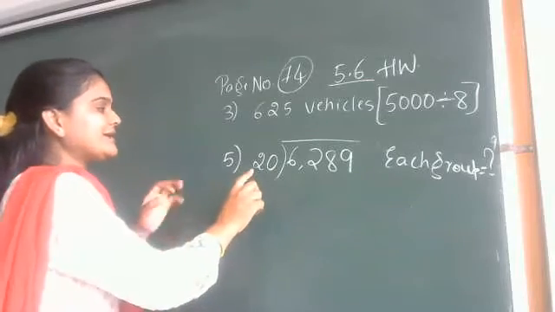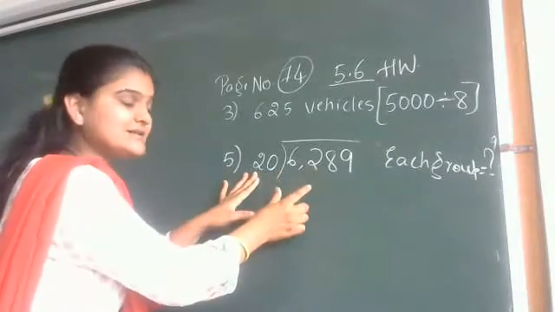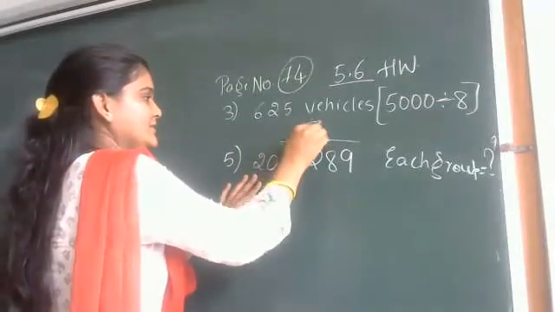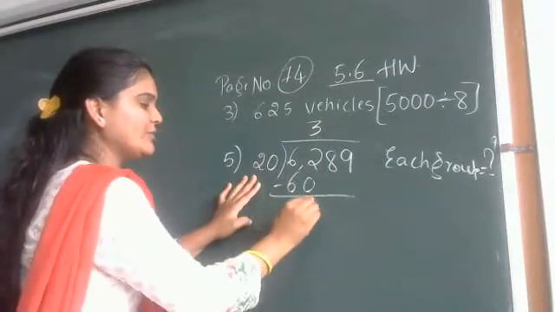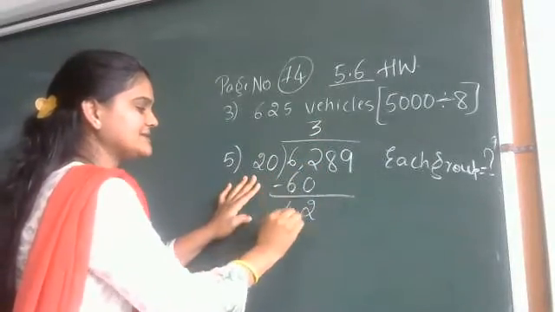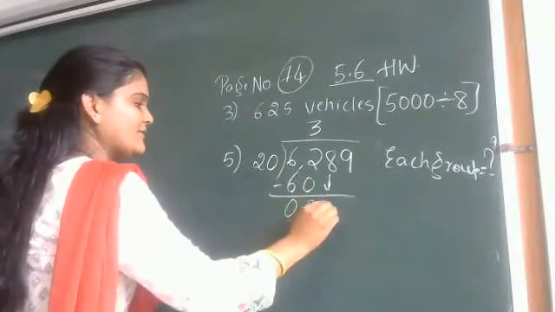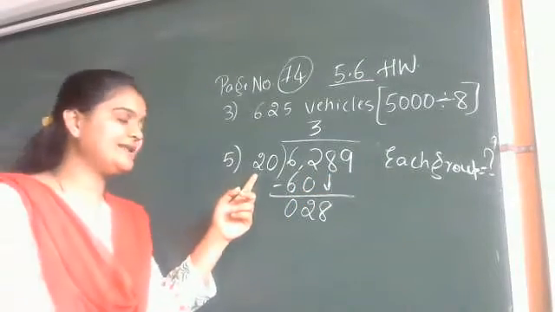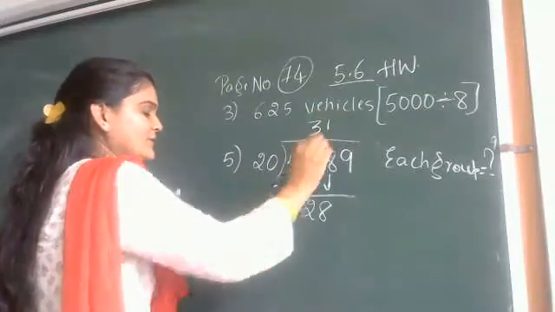Okay. So children, tell me. Here it is 20. So we shall take two numbers, 62. 3 twenties are 60. Okay, 2 minus 0, 2, 6 minus 6 is 0. Okay, yes. Now what comes down? 8. Yes, okay. So 20 is there and we have 28. 1 twenty is 20.